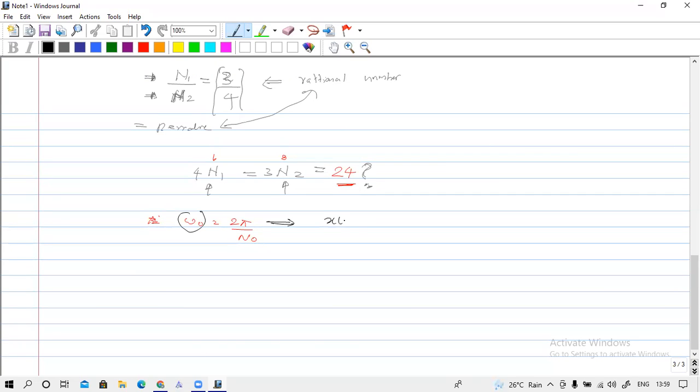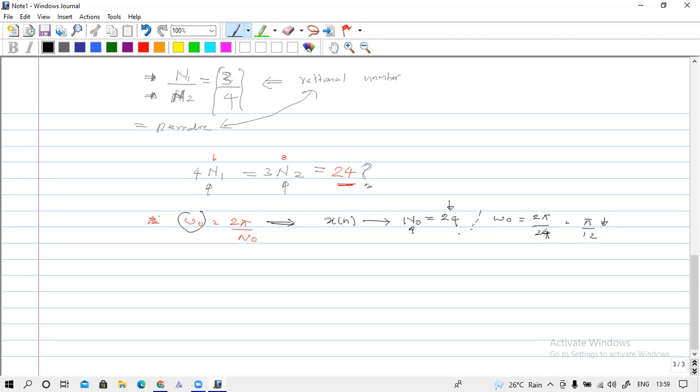For the composite signal x[n], the fundamental period, let's say, is N naught, and N naught is 24. In the same manner, omega naught is equal to 2π by N naught, that means 2π by 24, that is π by 12. So this is the fundamental frequency, and this is the fundamental period.